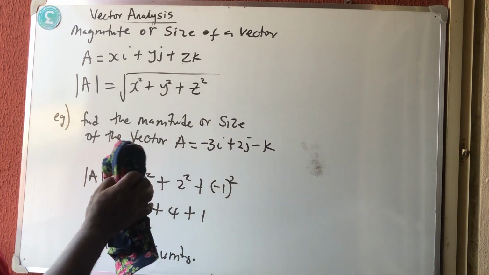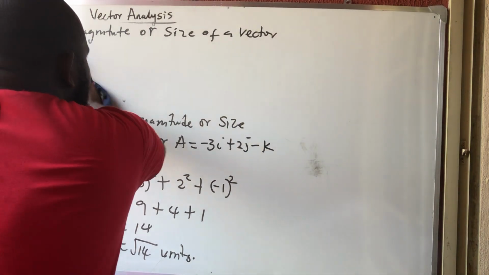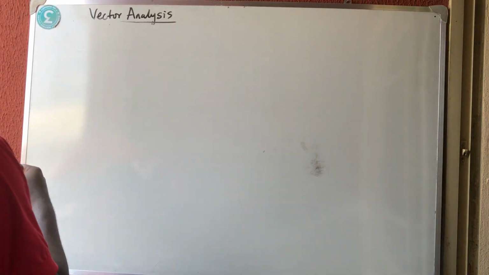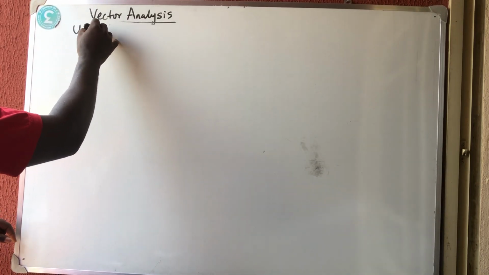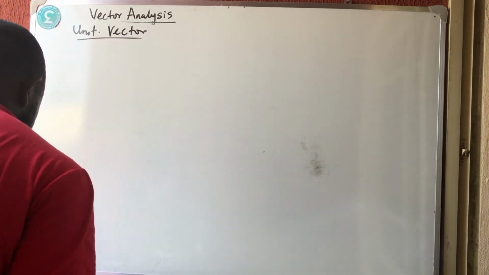The next thing we are going to look at is the unit vector. Now, how do you get the unit vector?